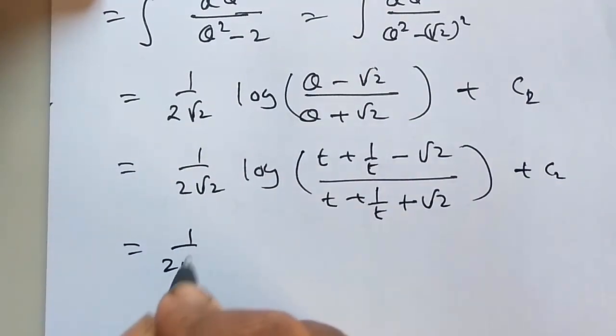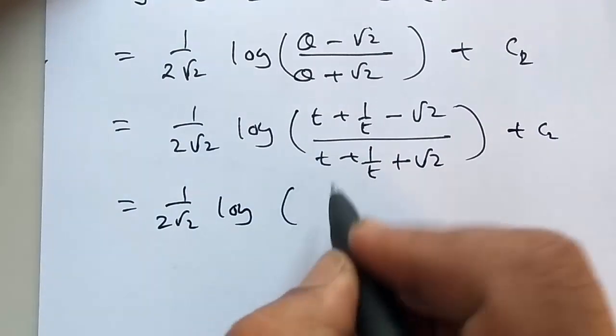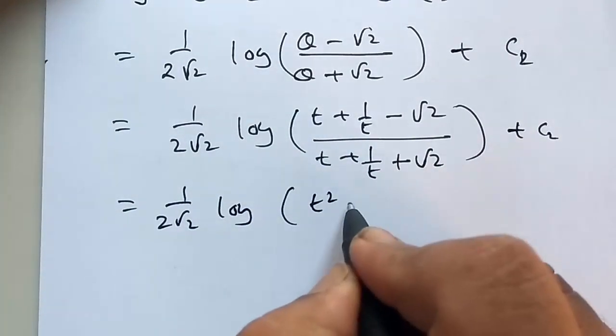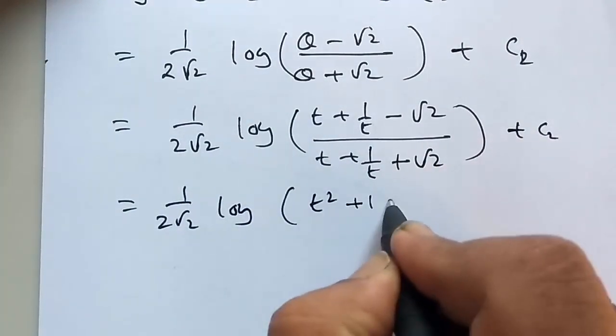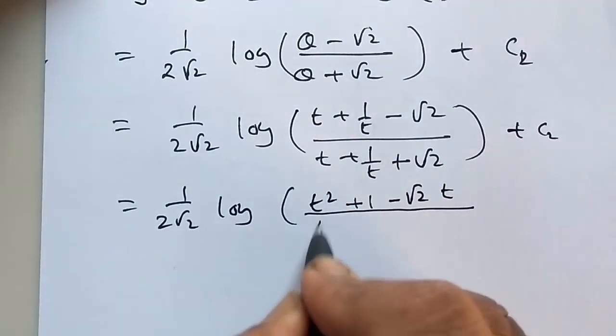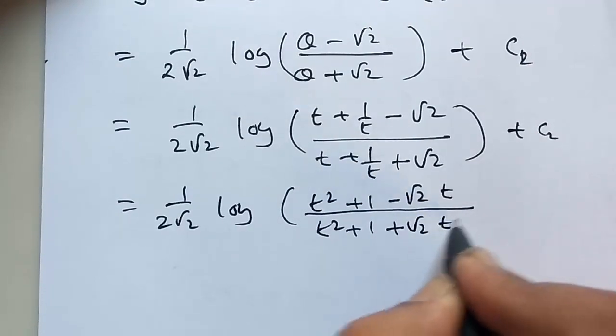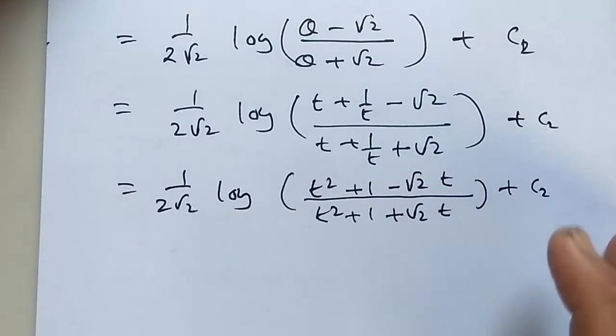This is equal to 1 upon 2 root 2 log of, multiplying by t, t square plus 1 minus root 2 into t upon t square plus 1 plus root 2 into t, plus c2.